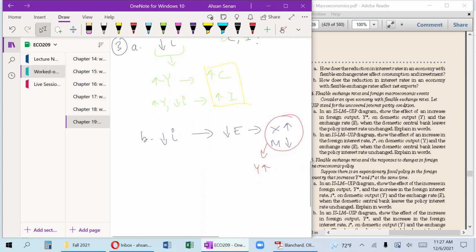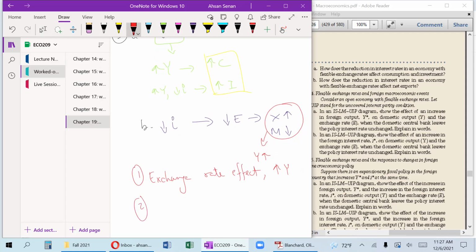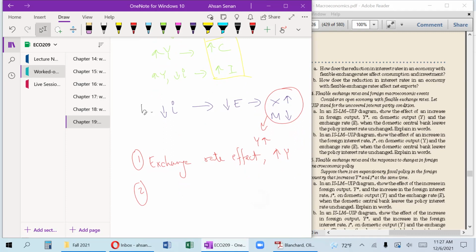Let me just write this down. When interest rate goes down, there is the exchange rate effect, which increases output. That's fine. But now there is also a second thing that we have to take a look at. Remember, what does M depend on?